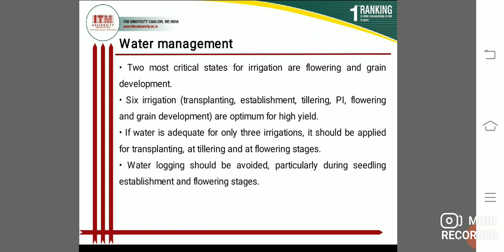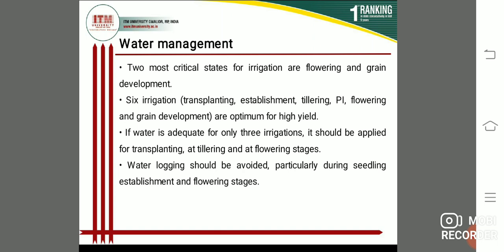Okay, so students, the most critical stages of irrigation are flowering and grain development. Next, six irrigations: transplanting, establishment, tillering, panicle initiation, flowering and grain development are optimum for high yield.